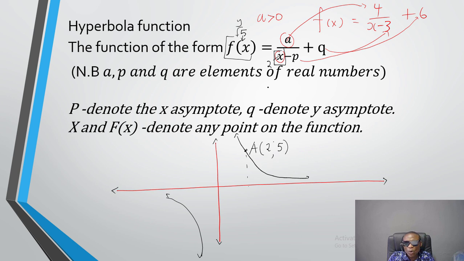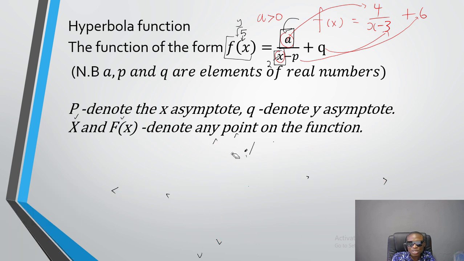Normally this idea works if you want to solve for a. Sometimes you will be required to calculate the value of a, so you substitute x and f of x by any point which lies on this hyperbola graph. So that's why I'm saying x and f of x, which is y, denote any point on the function, any point on your graph.